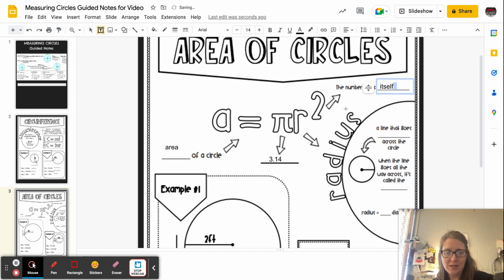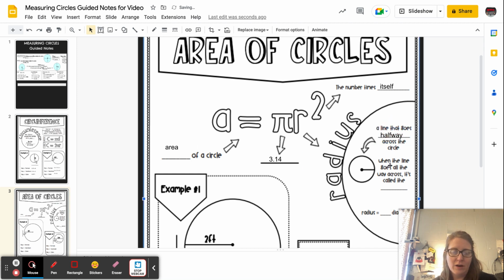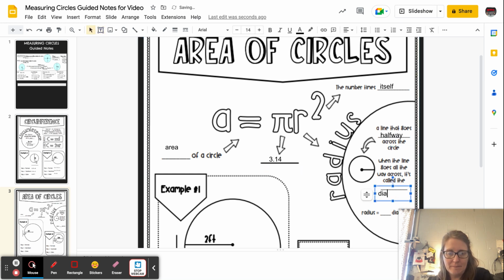Okay, so when you're putting this one in, this line right here is going to be halfway across the circle. And when a line goes all the way across the circle, we talked about what that was before, and that is called the diameter.